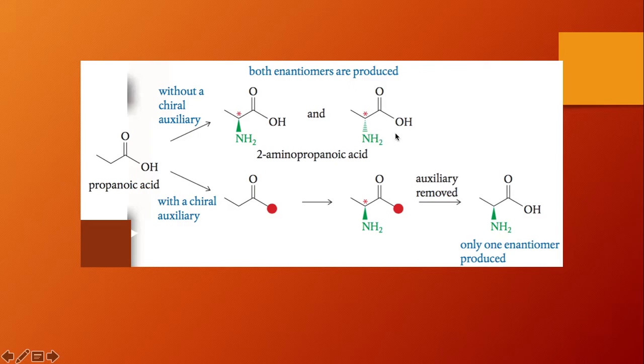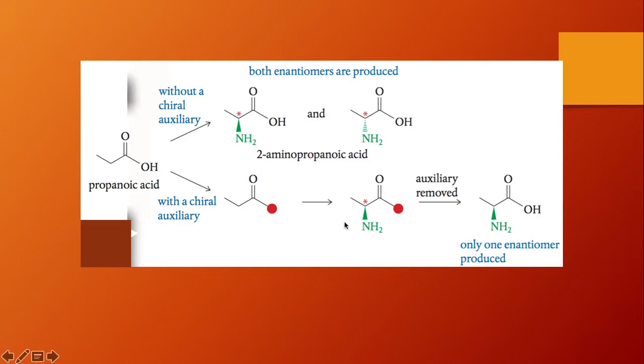Well, let's say we don't want both enantiomers, we only want one of them, okay? So if we add a chiral auxiliary, let's say we place some sort of molecule at the end, and therefore we will only get one enantiomer.